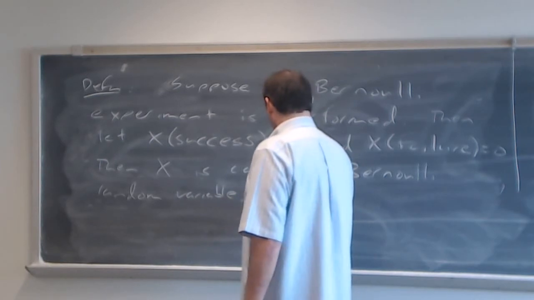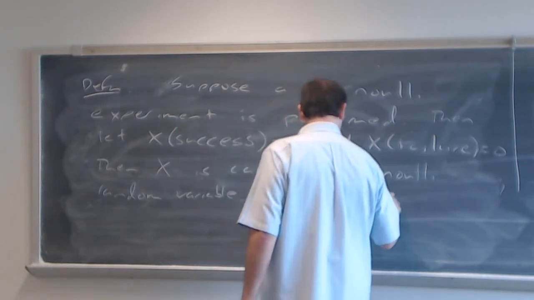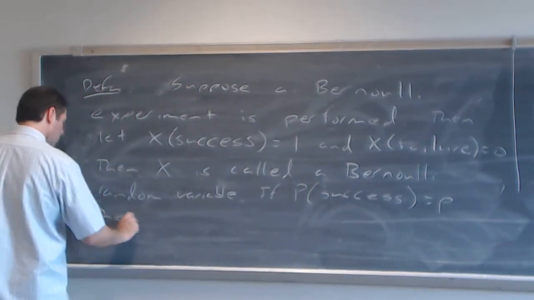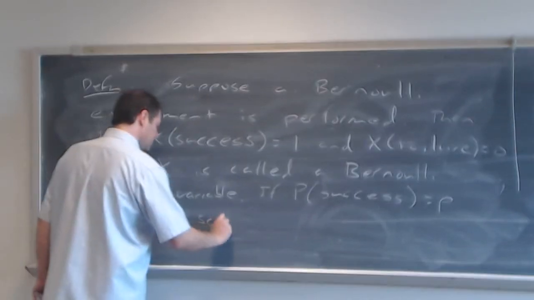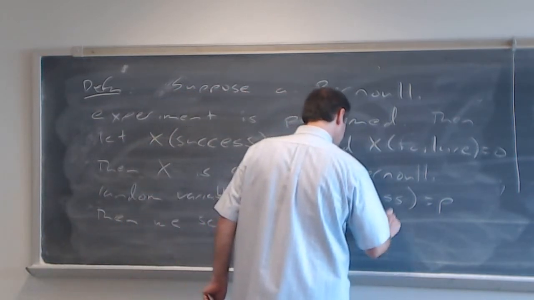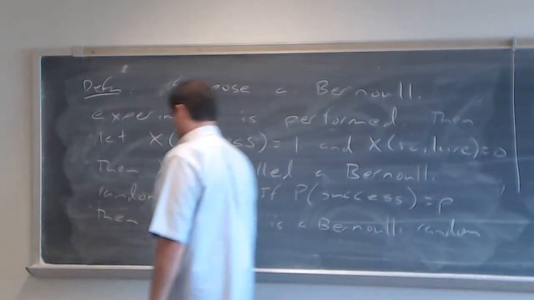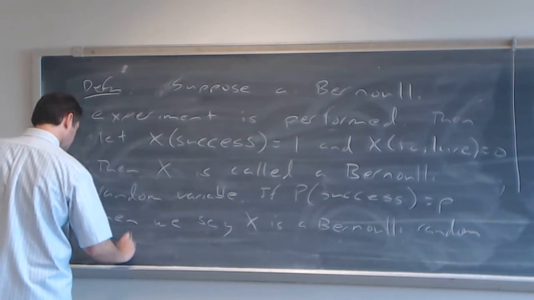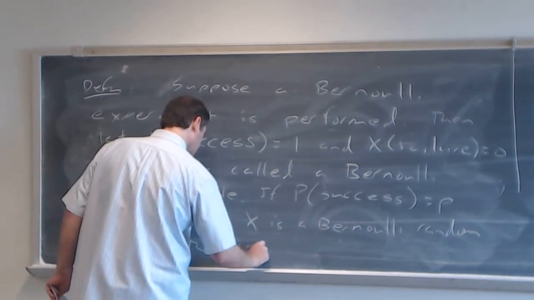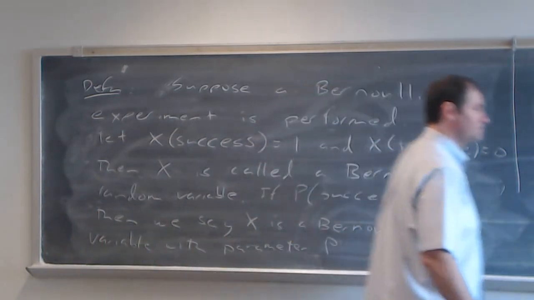If the probability of a success equals little p, then we say X is a Bernoulli random variable in this case, with parameter p, the little p.